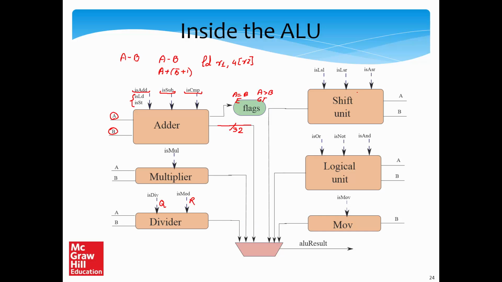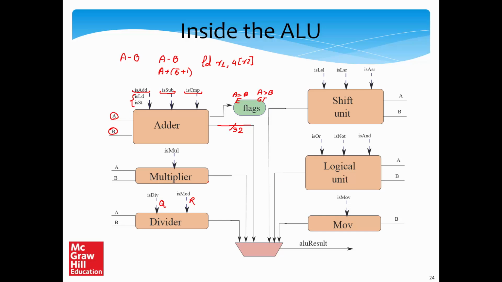So this is also one of the possible outputs. Then we have a shift unit which can shift the value. Here A denotes the register that contains the value, and B contains the shift amount. We can do a logical left shift, a logical right shift, or an arithmetic right shift, and they have their corresponding control signals.